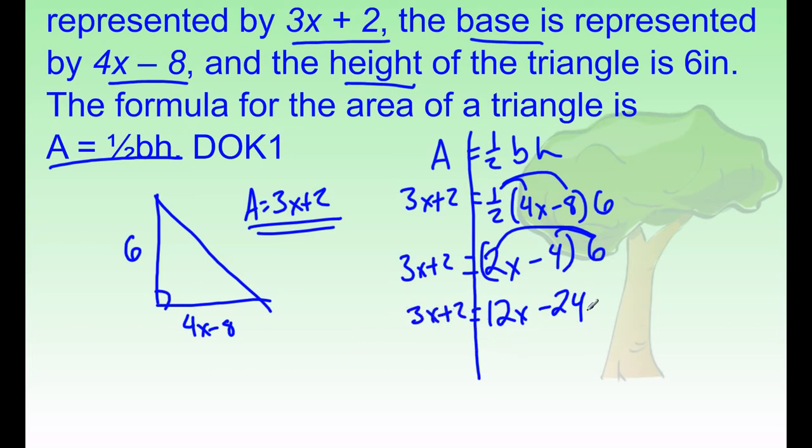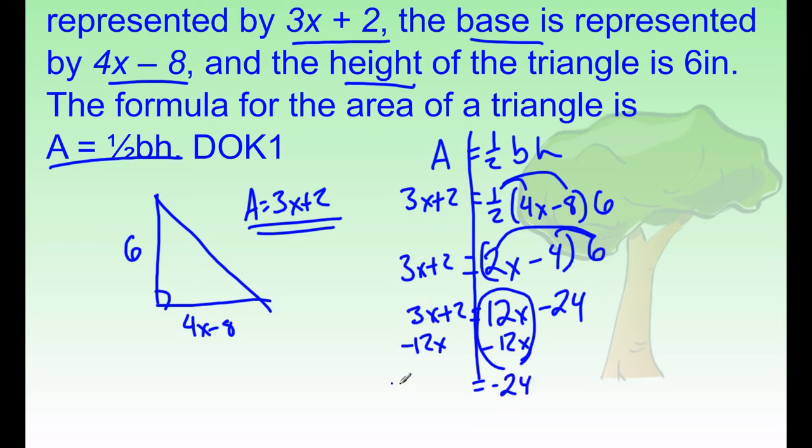All right, now we're cooking on all cylinders. I've got everything simplified, no more parentheses, no more combining like terms. So we're going to subtract 12x to get rid of the variable on the right. It cancels. Oopsie, not 24, negative 24. There we go.